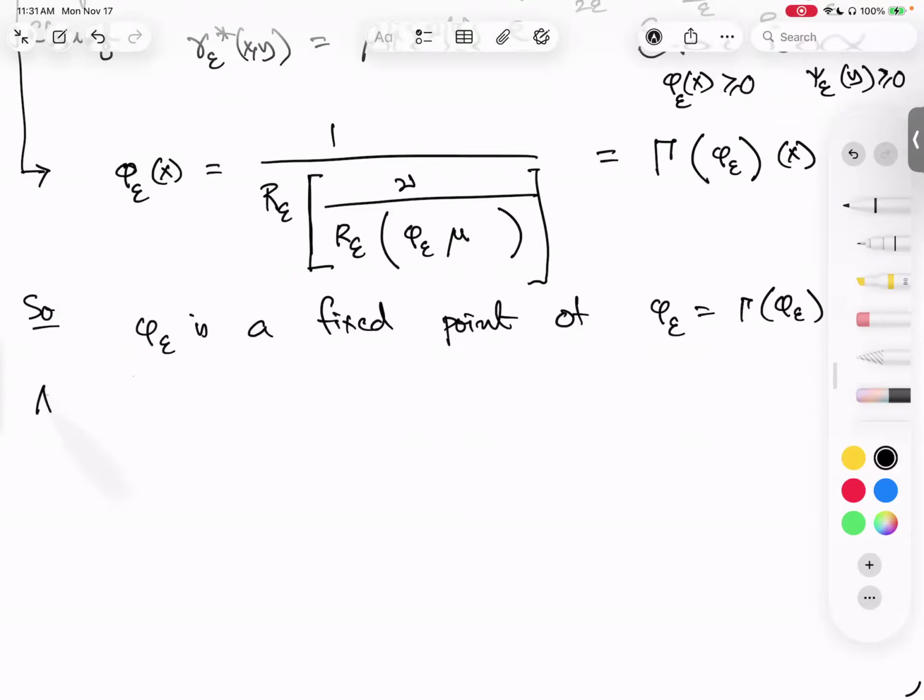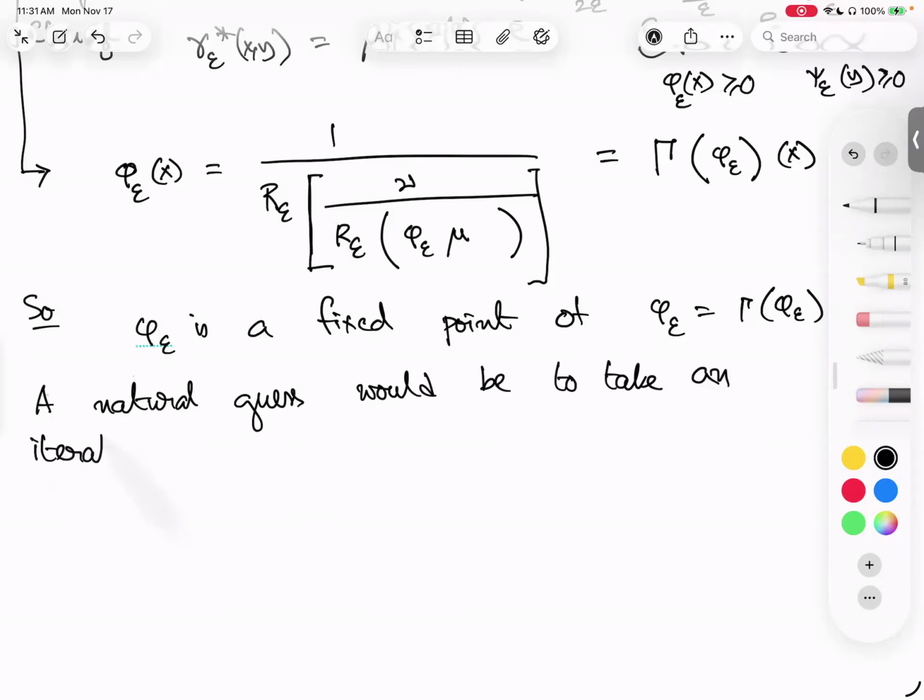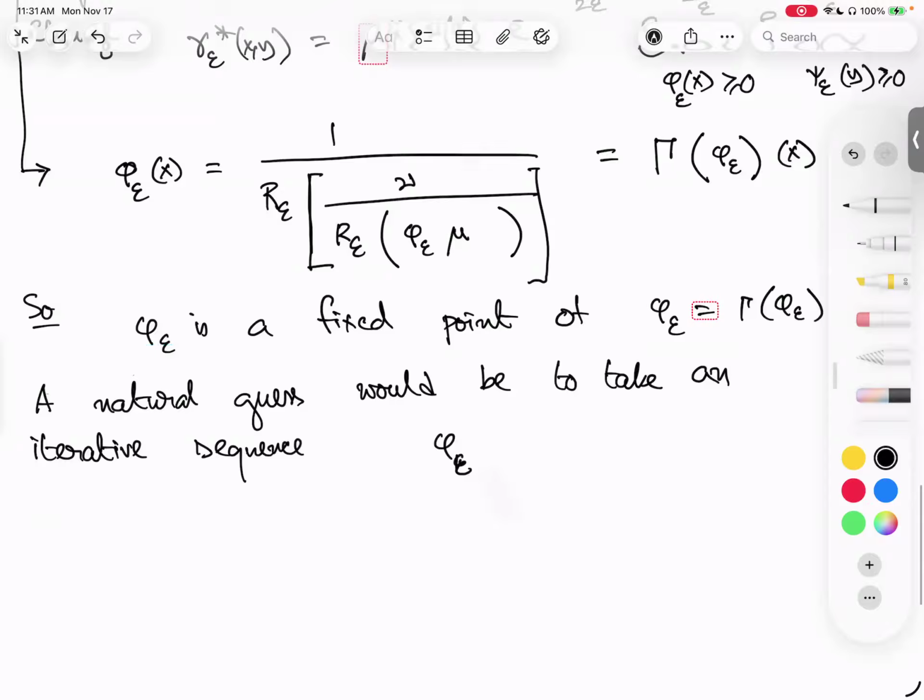A natural guess would be to start with some phi epsilon 1, and take an iterative sequence, where you say phi epsilon k plus 1 is equal to gamma of phi epsilon k, and look for convergence.